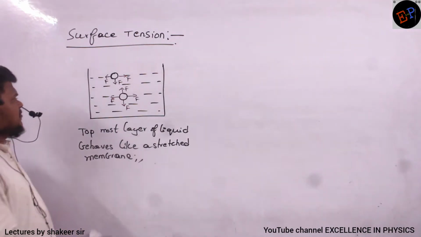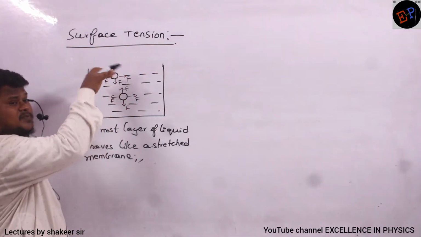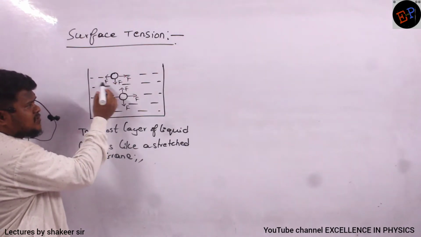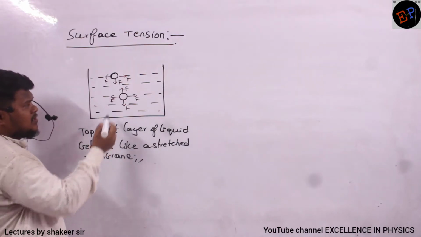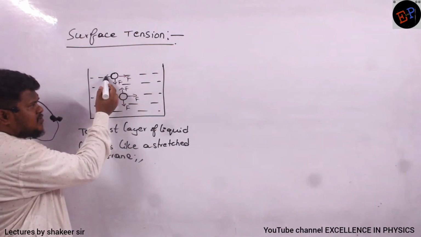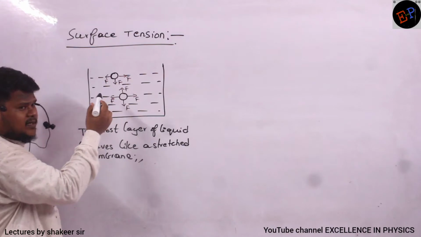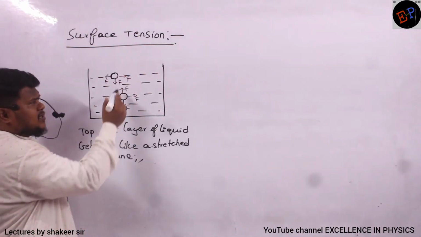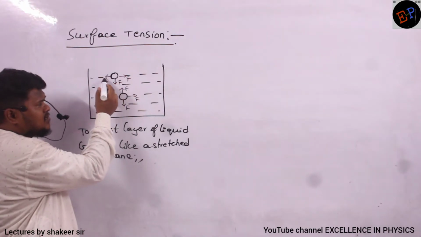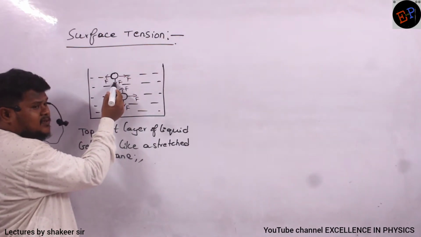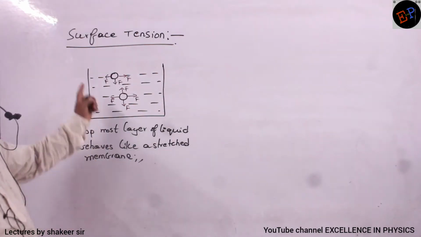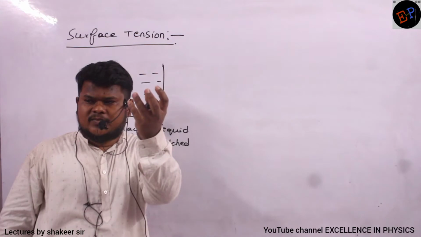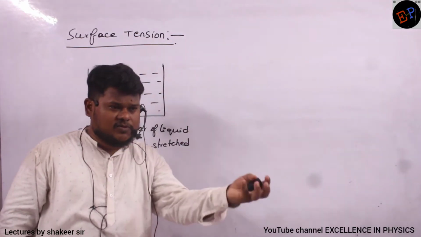But if you see the molecule present on the top surface, it is experiencing force on the right side, left side and downwards. These are the three forces acting, and they are not balanced by other forces. You can say that the two side forces are balanced, but there is no force balancing the downward force. Therefore, every molecule on the topmost surface experiences some net downward force.